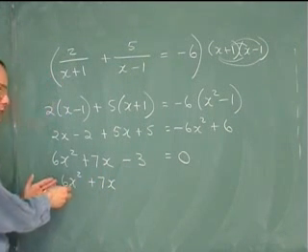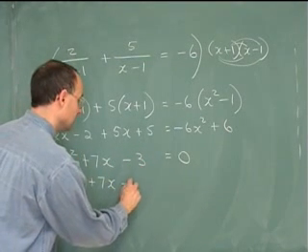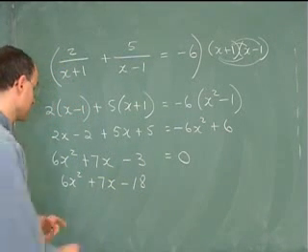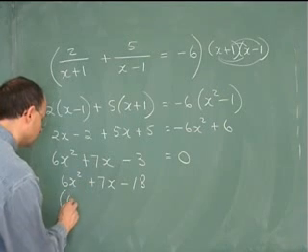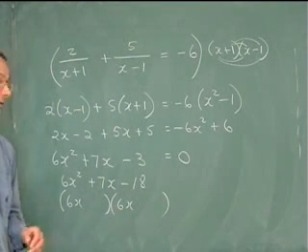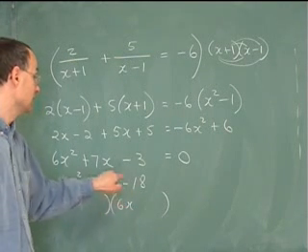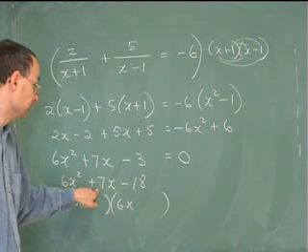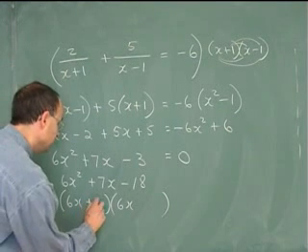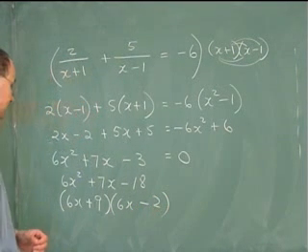All right, so 6x squared plus 7x, and then 6 times the 3 is minus 18. Then I go ahead and write 6x at the front of each set of brackets, and all I've got to do is come up with two numbers that make negative 18 that add up to positive 7. So I'm thinking positive 9 and negative 2 seem to do the trick.